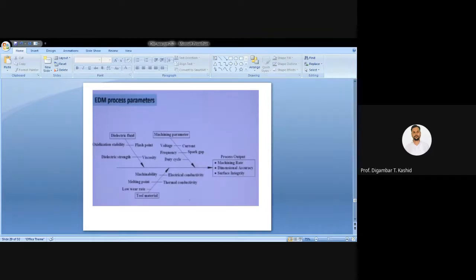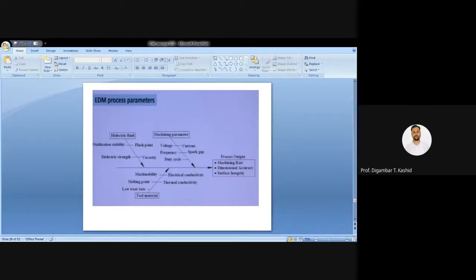In the dielectric fluid, there are oxidation stability, flash point, dielectric strength, and viscosity. These parameters also affect the performance of your EDM process, and you can evaluate the performance using these parameters: machining rate, dimension accuracy, and surface integrity. Machining rate means your material removal rate, then dimension accuracy and surface finish.